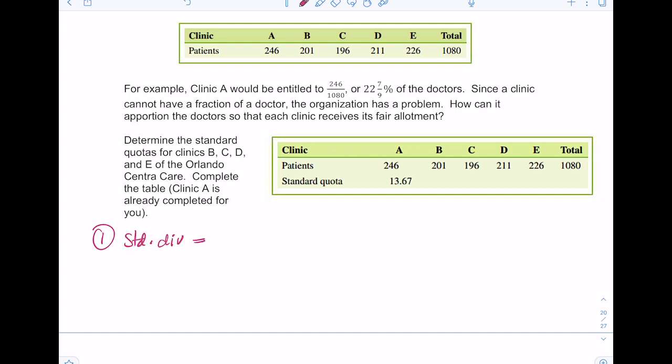To find the standard divisor, it's the total population, which in this case is 1,080, divided by the 60 doctors because we are dividing those up among the different clinics. When we divide 1,080 by 60, we get a nice number, 18. We're going to use that number to find our standard quota.